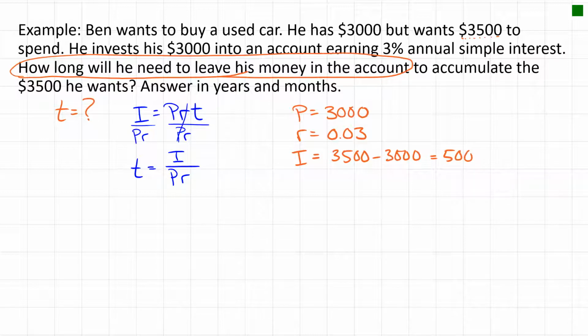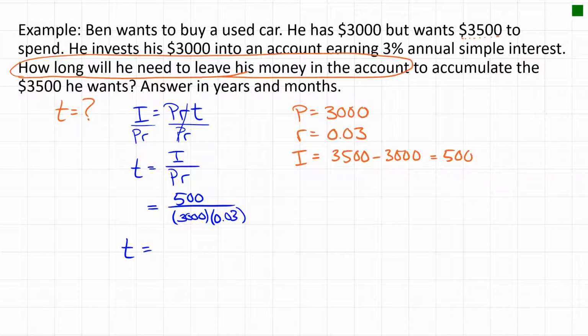And now that we have those values, we can stick those into our rearranged equation. So I is equal to 500, P is equal to 3,000, R is equal to 0.03. And now we calculate, crunch those numbers in our calculator and figure out what time is.